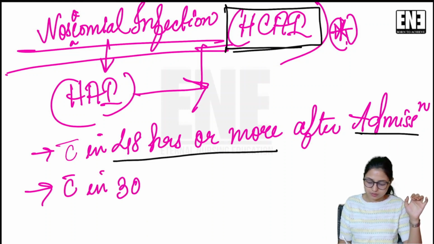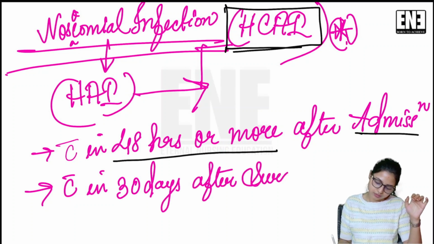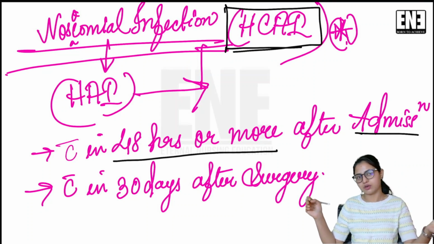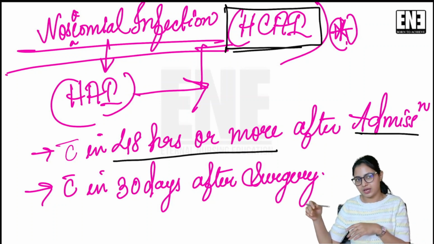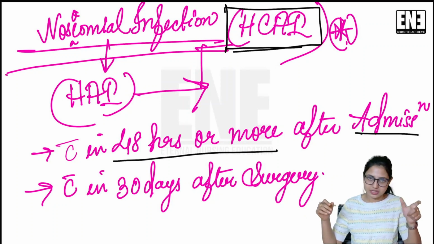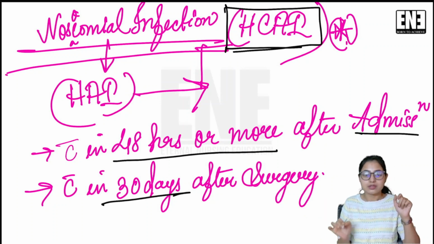Within 30 days after surgery. ठीक है, आपने कोई भी सर्जरी करवाया है, कोई भी सर्जरी हो, abdominal surgery और your CABG हो, या फिर कोई भी any surgery if you have done. Okay, within 30 days of that, आज आपने सर्जरी कराया, आज से लेकर within 30 days और after that if you are getting infection, you have to note this duration, 30 days.